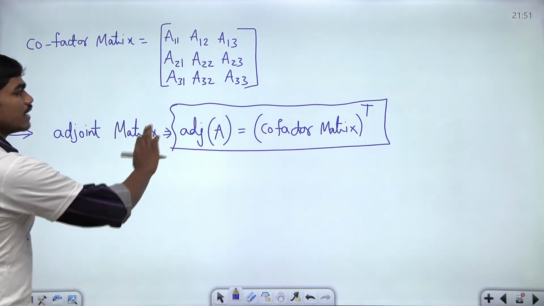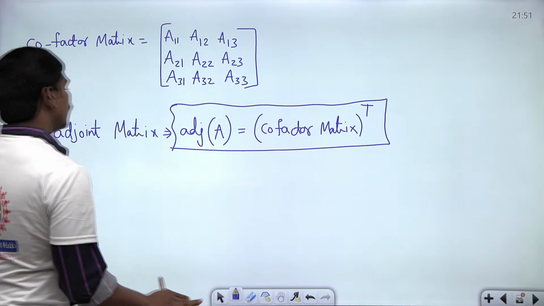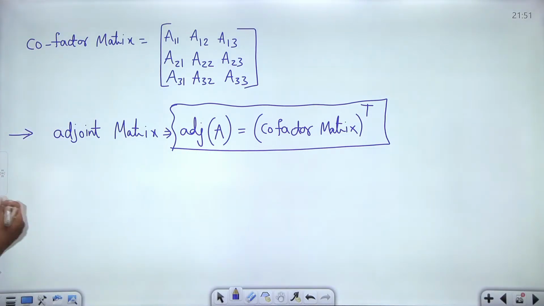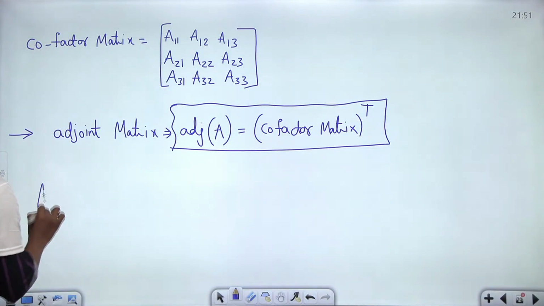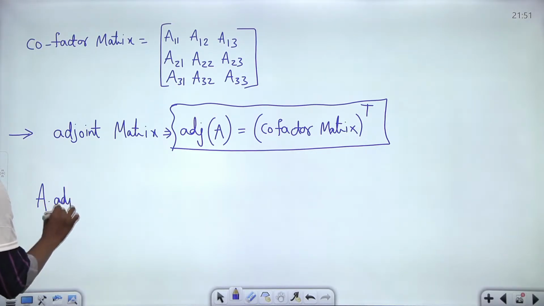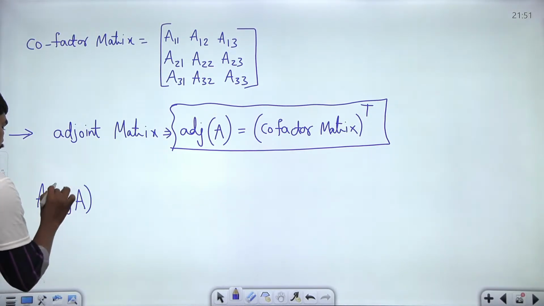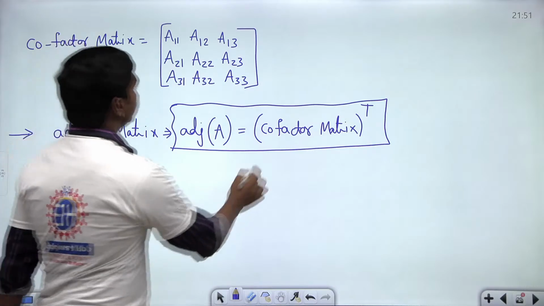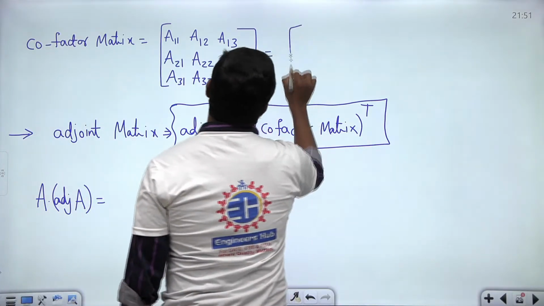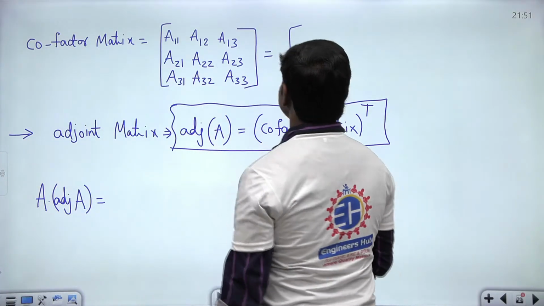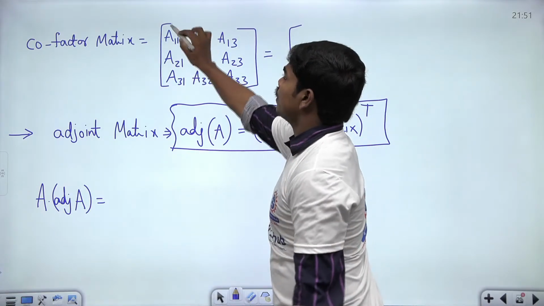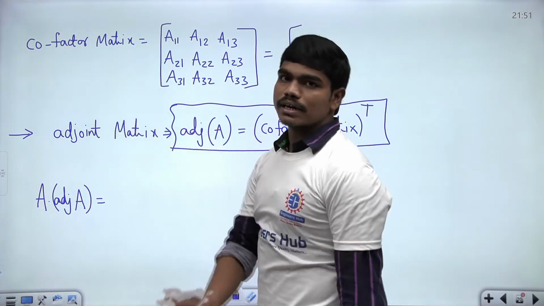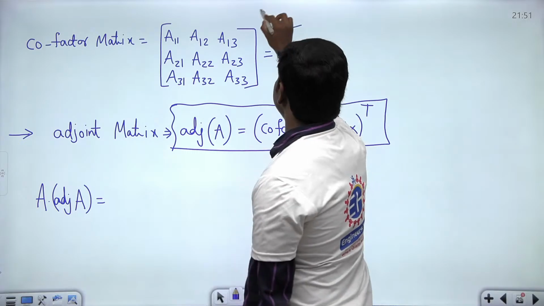Okay. So whenever this is defined as adjoint A, now see carefully. Let me try to calculate A into adjoint A now. A times adjoint of A. Look carefully. Can I write this matrix as this cofactor matrix? Can I write this, the minor of A11, is nothing but the cofactor of the small element A11?